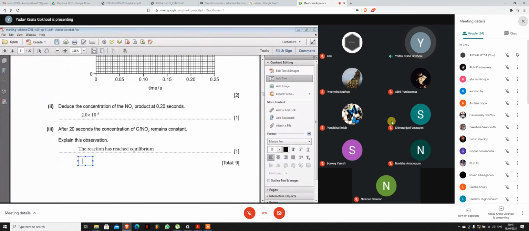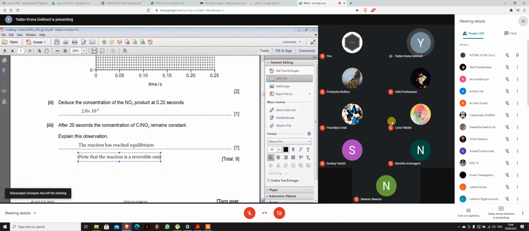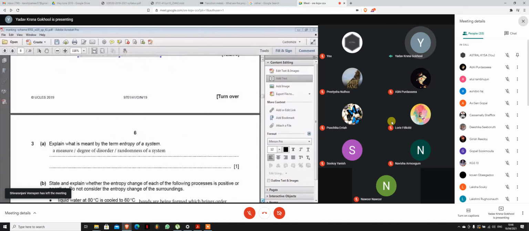Note that the reaction is a reversible one. So, if it is a reversible one, of course, it is going to reach equilibrium, and then the concentrations are not going to change. Only in irreversible ones do we go to maximum, to zero.